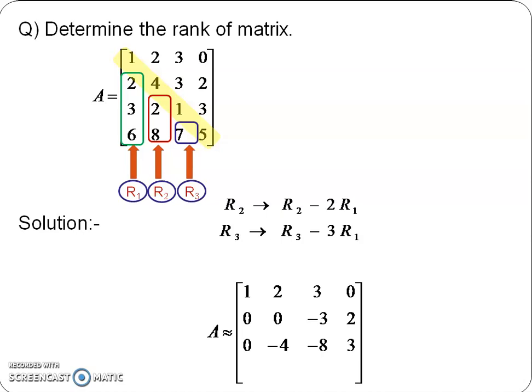So the entries are 0, minus 4, minus 8, 3. And for converting this 6 to 0, the operation is R4 changes to R4 minus 6R1. Now all these operations that we perform are on 3 different rows.